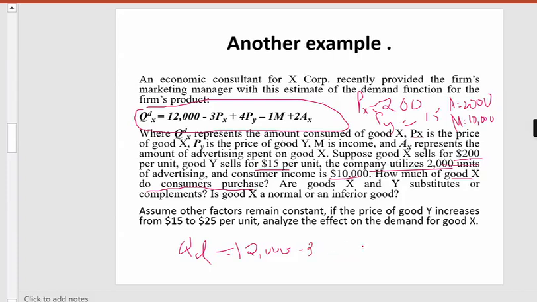PX is 200, right? Plus 4, what is the price of other? Ilikuwa ni 15. Then minus 1 times M. M means income, 10,000.